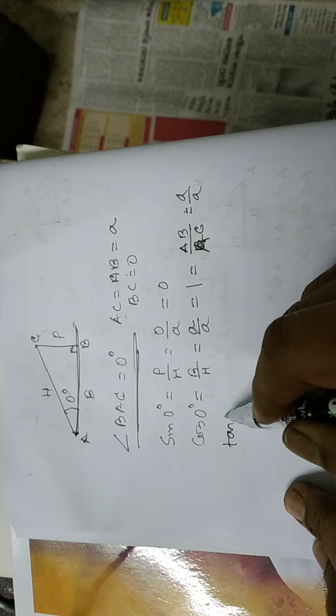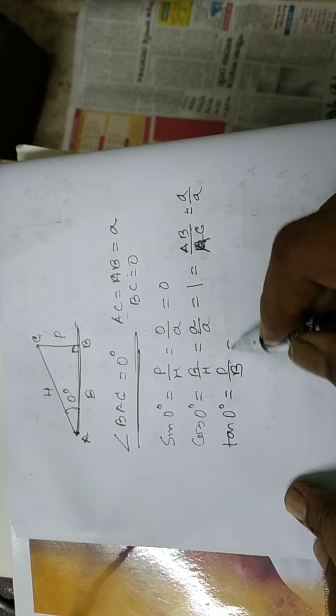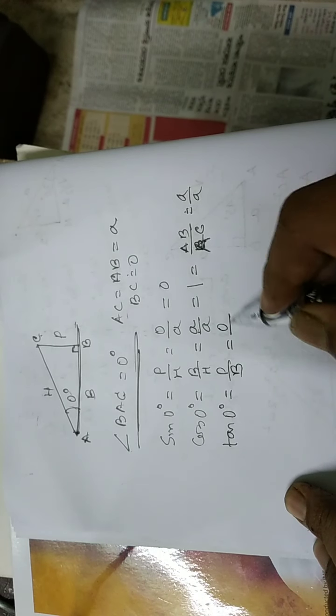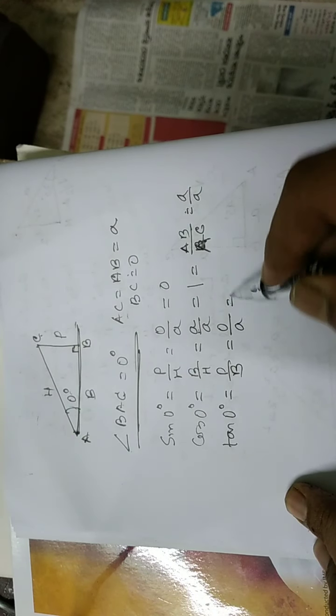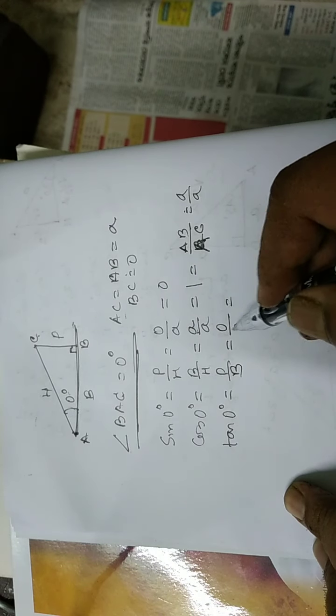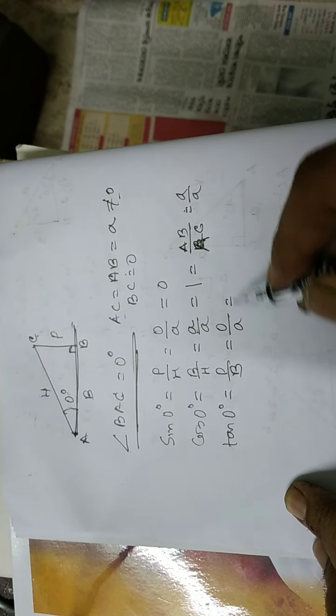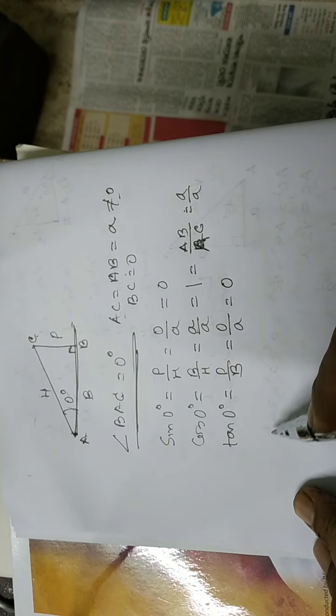Tan 0 degree, again P by B. P is 0, B is A. So when 0 is divided by any number not equal to 0, A not equal to 0, then 0 by A is 0.